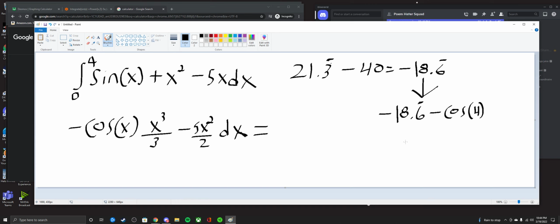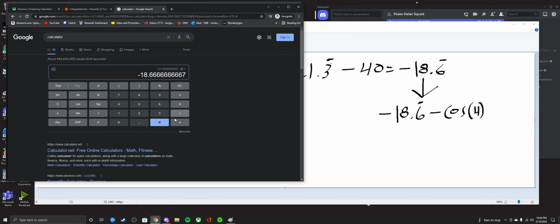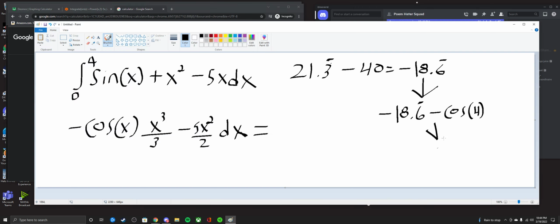Even though I've already computed this one out, minus cosine 4, we can see we get 18.01302.